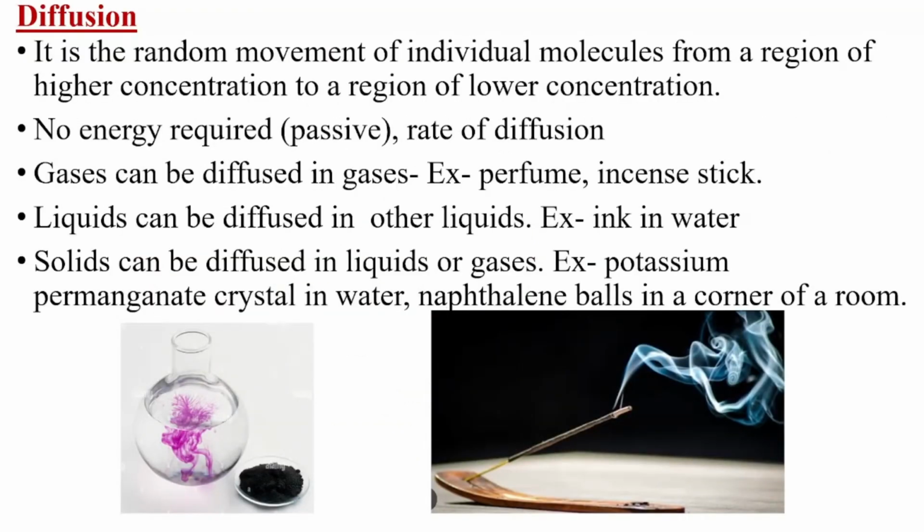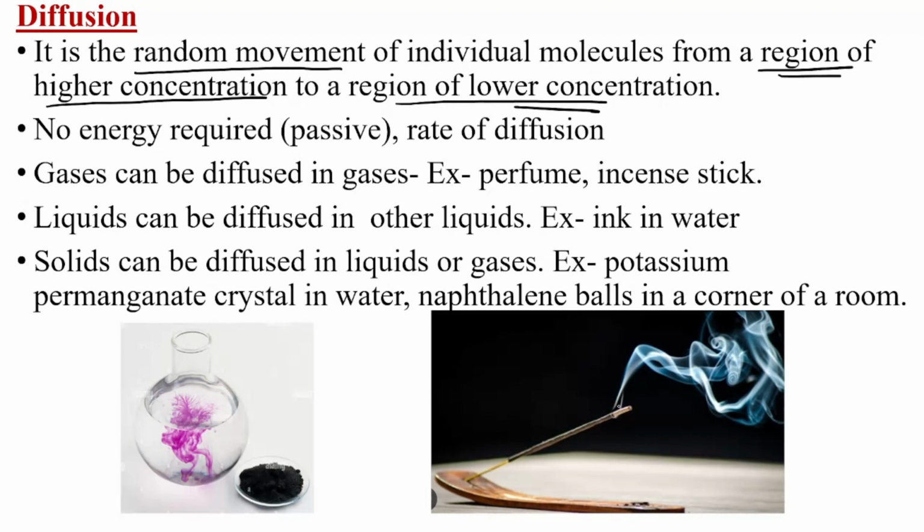Now let us understand what actually is diffusion. It is a random movement of individual molecules from a region of higher concentration to a region of lower concentration. Consider a simple example. If you are in a room and you light an incense stick at one corner of the room, after maybe 10 minutes, you can see that the smell of this incense stick will spread throughout the room.